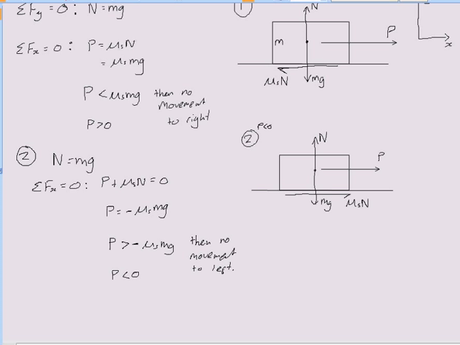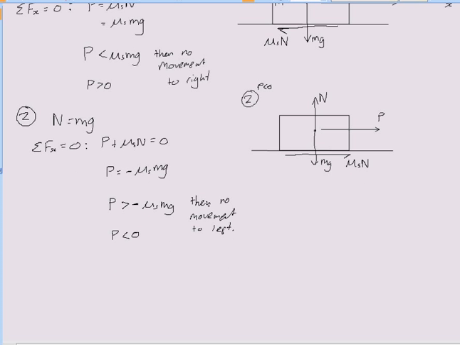So if we wanted to create an inequality which describes every range of values P could have such that there is no net movement of the block, we could just put these two inequalities together. Let's see if this describes everything we've got above.